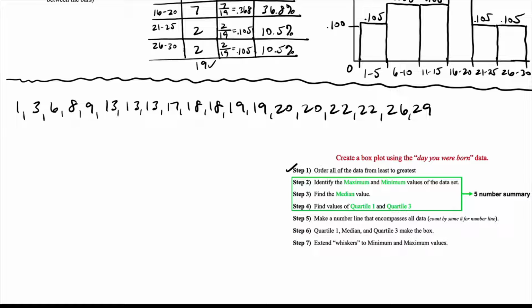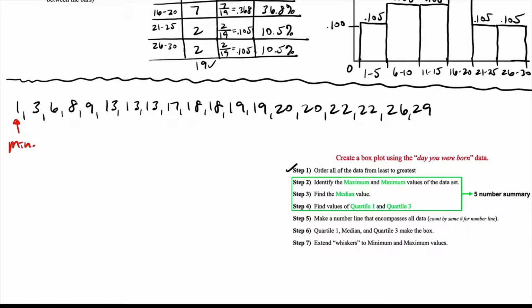Check. The next step, find the minimum and the maximum. Minimum is the lowest number. The lowest number in this case was a 1, so we call that the minimum.